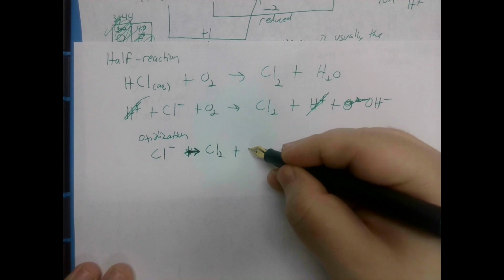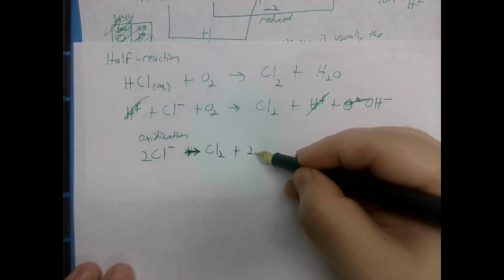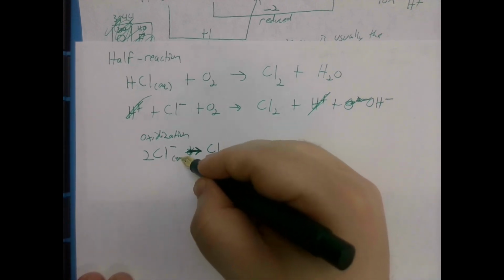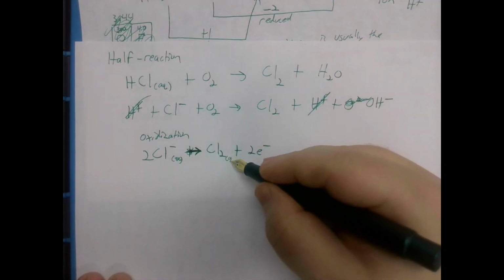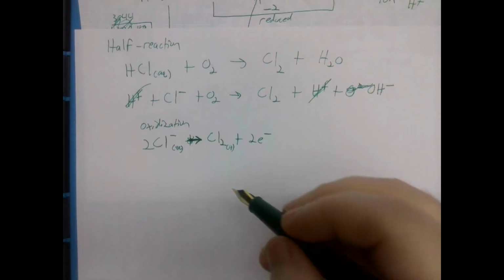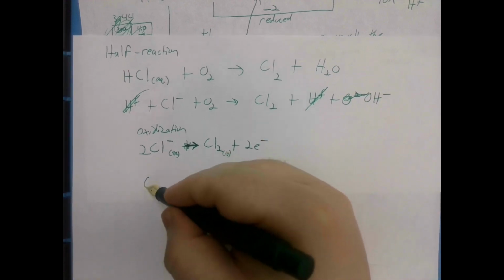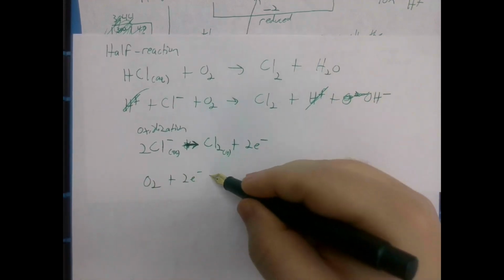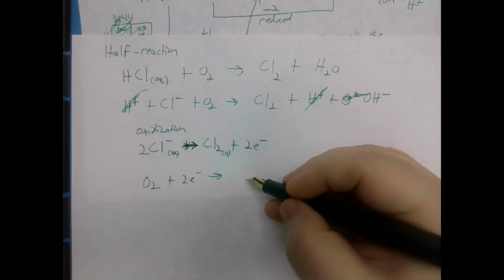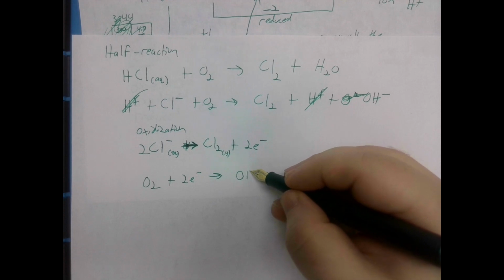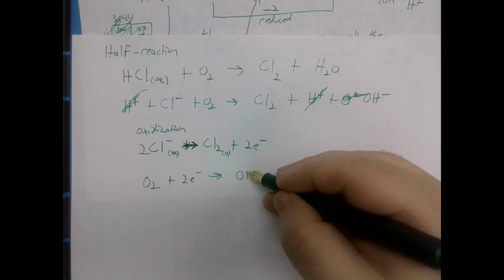It's giving up an electron, aqueous to gas. And for the other one, real quick, it'd be O2. It's gaining electrons to become, and the only one is OH, or O2 negative.